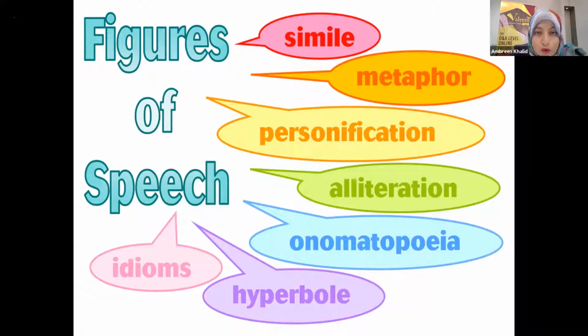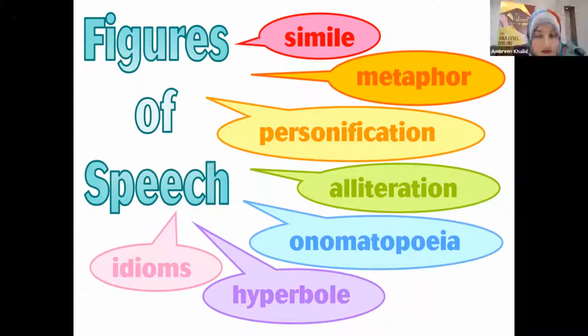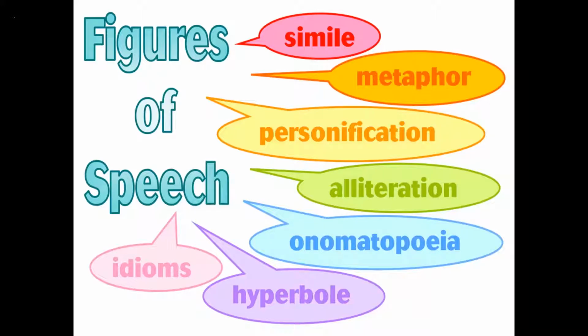These are called proverbs. Okay, they are not idioms. When there is a lesson given in such statements, they are called proverbs. They are not idioms. But when the words are used and there is no lesson, that is actually idiom.